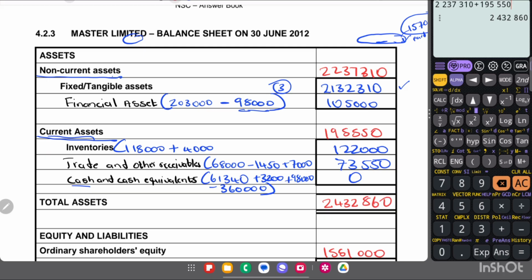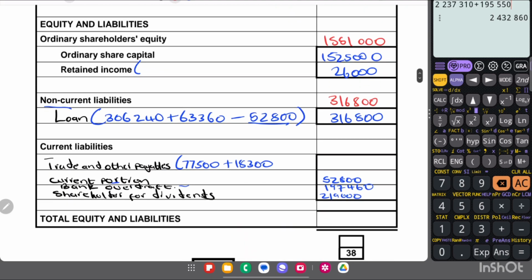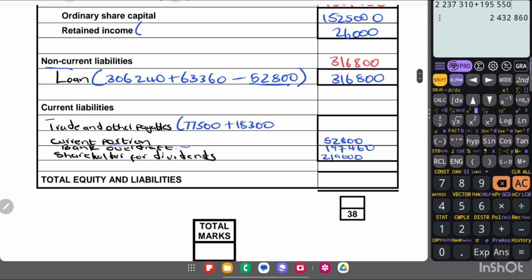It's our total asset. Now let's get the trade and other payables. Now it's gonna be 7,500 plus 18,300. I'm getting now 95,800 now.